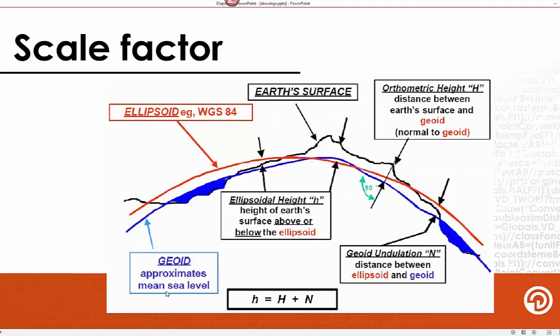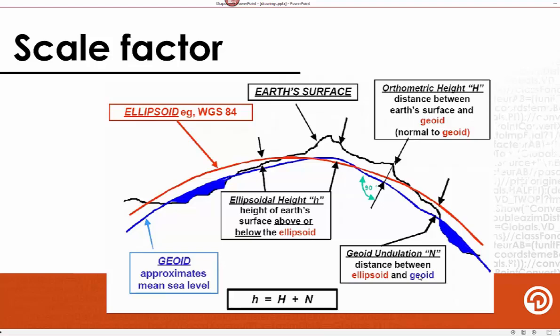And then you have your geoid, which is the approximate mean sea level, in blue. There are different heights, but the one that you need: if you take the orthometric height, the H in here, and you know your geoid undulation, you can calculate that your little h, the ellipsoid height, is equal to the orthometric height plus the geoid undulation. This will be used in the combined factor to measure the altimetric factor.